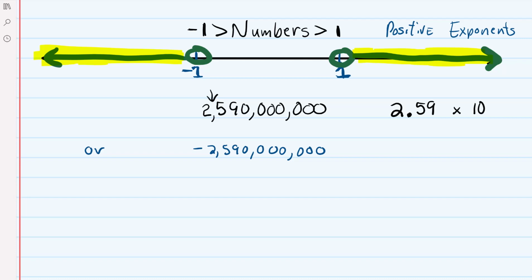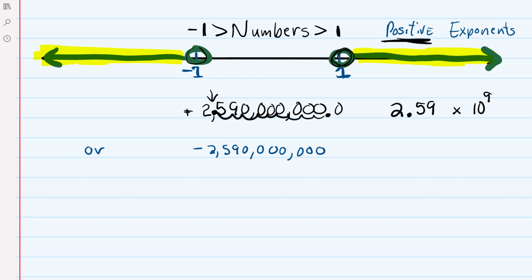Here's what you need to know. When the numbers you're dealing with are greater than 1 or smaller than -1, meaning a positive or negative number that's not a fraction, then the exponents will be positive. And this is how you find the exponent. The invisible decimal point really is right here, so we count all the way to where the new decimal point will be: 1, 2, 3, 4, 5, 6, 7, 8, 9.